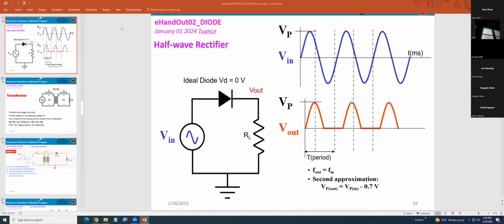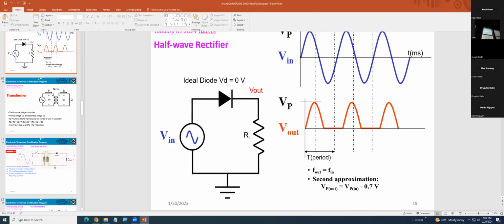Then it would be VP of 10 minus 0.7, correct? Exactly. I'm still a little iffy on reverse bias. I have forward bias down, but how do I tell if it's reverse bias? I know it's zero in the end, but how do I get there?